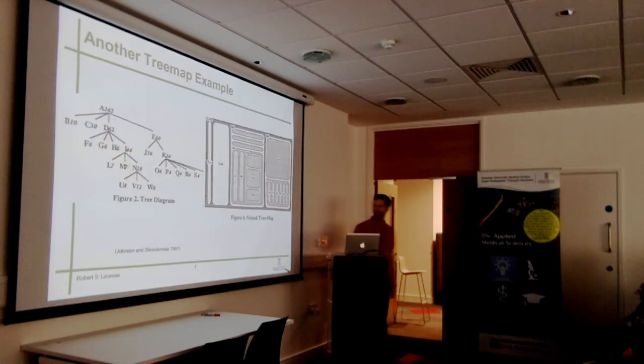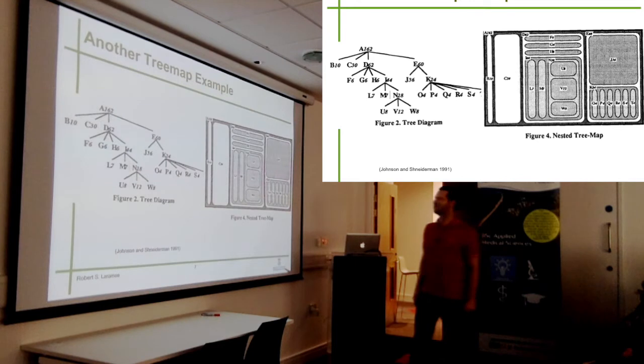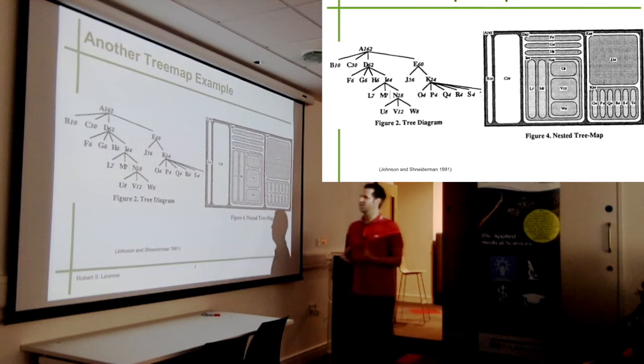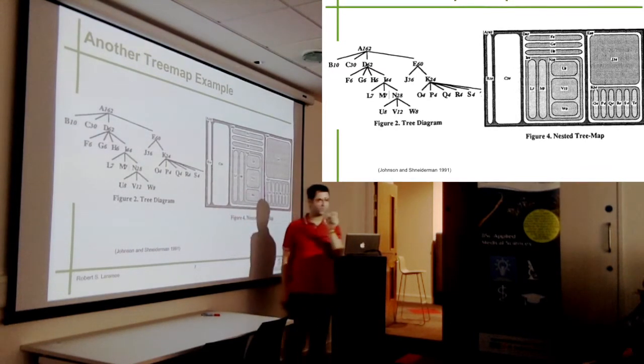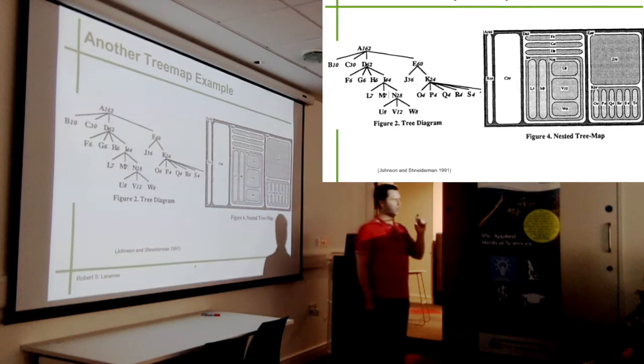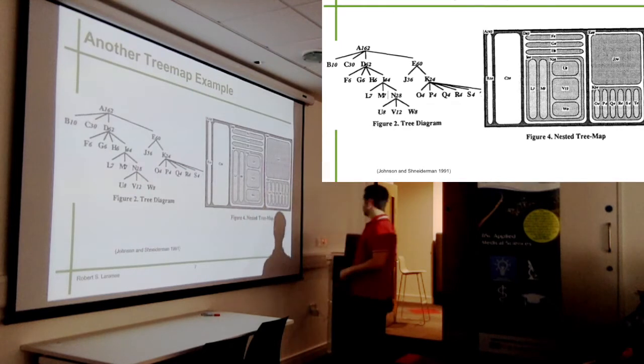Here's another example from the 90s. This one's a little bit different because they've added some padding between the rectangles, the parents and the children, so you can more explicitly see the relationship between the parents and the children. A162 is at the top.